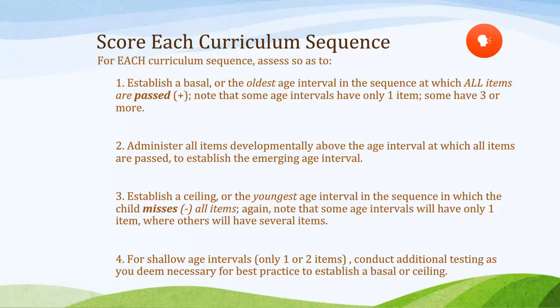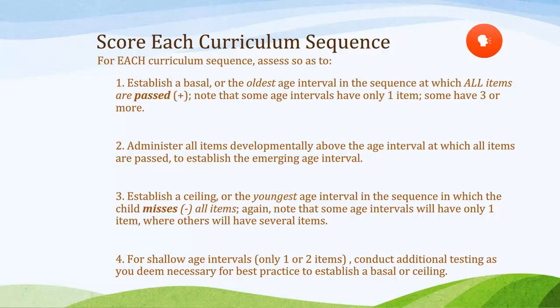If the child does not score a plus for all items in the age interval, assess items at a lower age interval in that sequence until the child receives a plus for all items within the age interval. Now you have established the basal. Then continue assessing at higher age intervals until the child scores a minus for all items within the higher age interval. This is the ceiling.